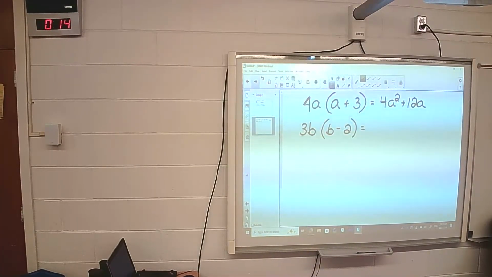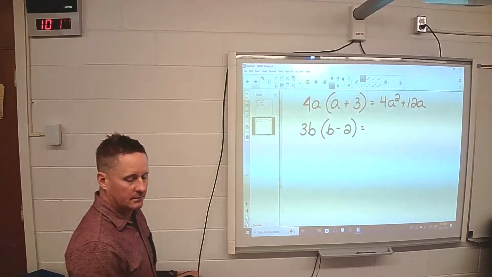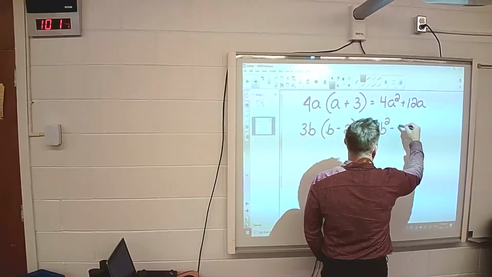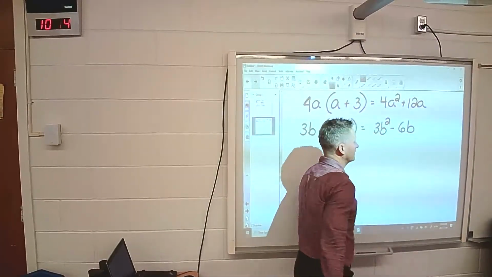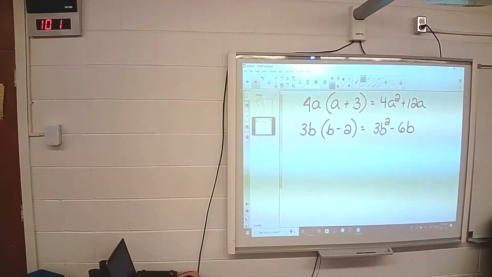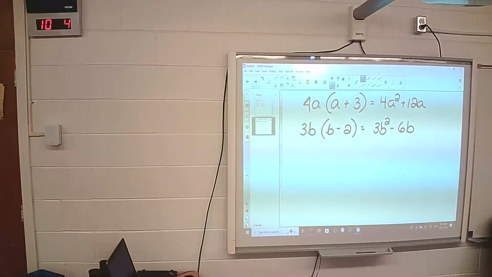When you divide, you simplify. And we'll get to that tomorrow. All right, 3b times b minus 2. 3b squared minus 6b. Well done. We've done this before.